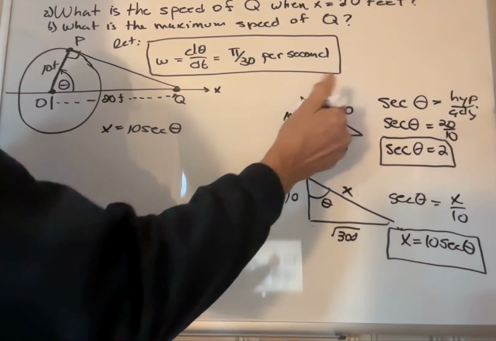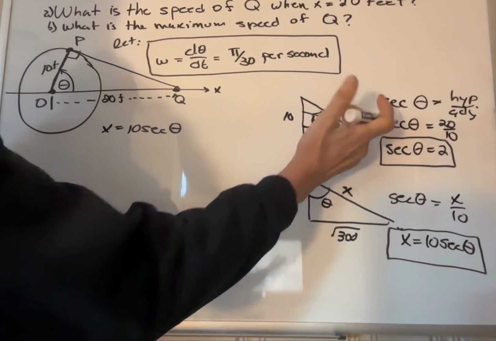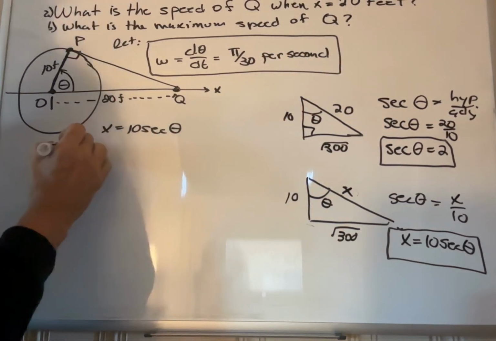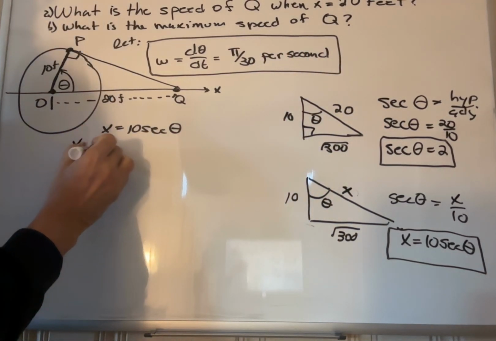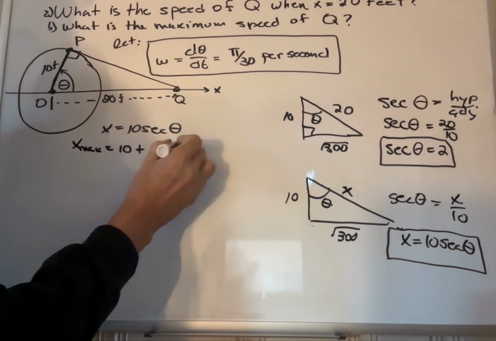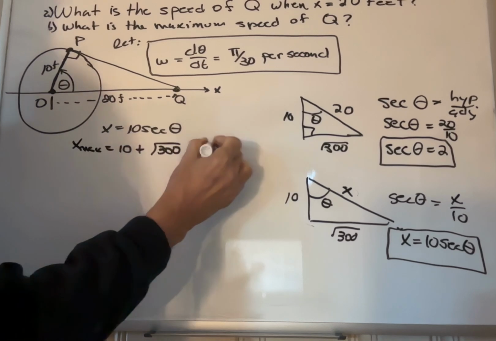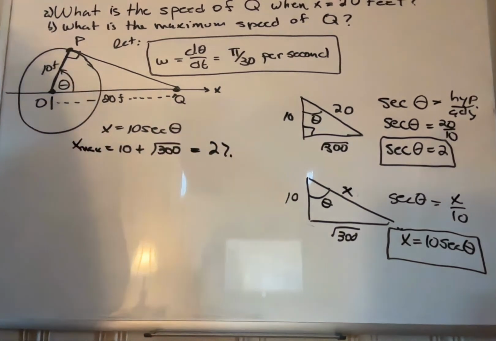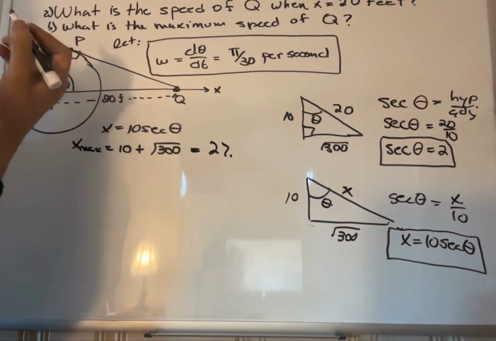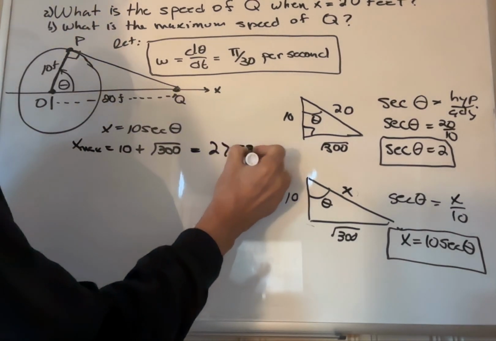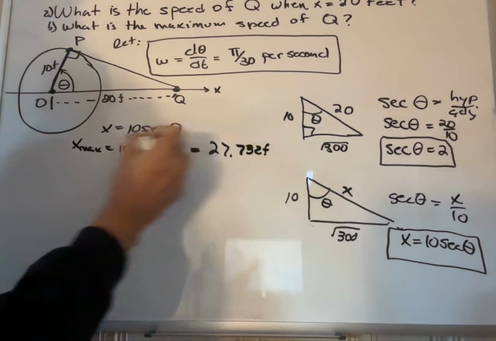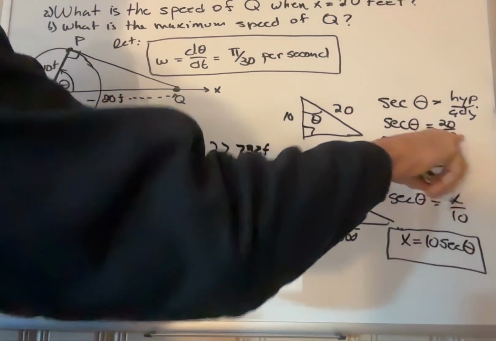So if we roll this thing over this way, our maximum x is going to be 10 plus the square root of 300, which comes to about 27.32 feet. So we just plug this in here now to find our secant.